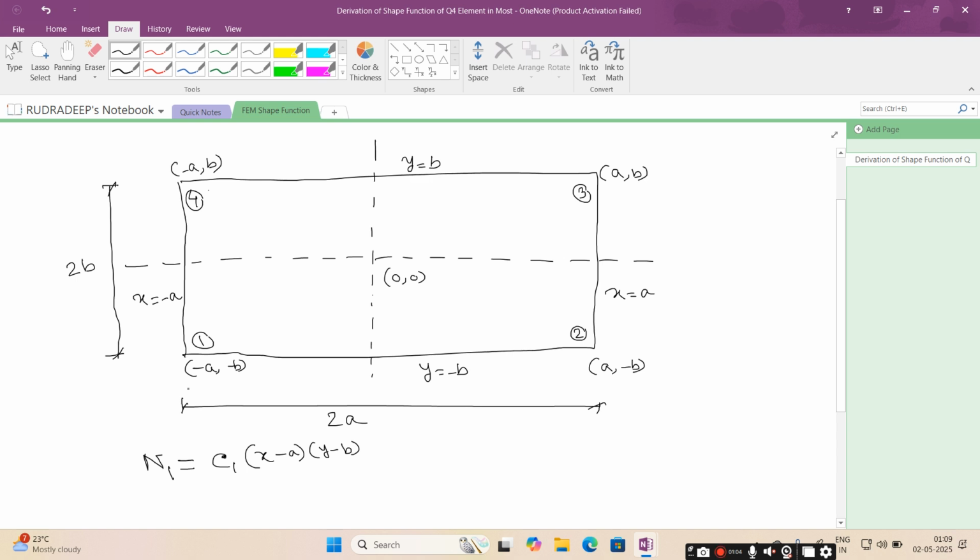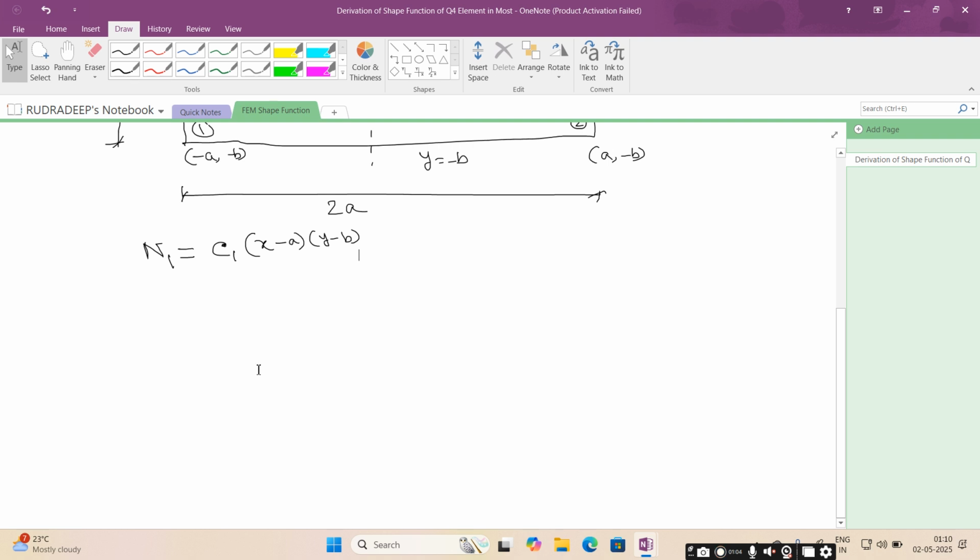So for the value of this constant c1, I have to give some condition. So what is the condition? The N1 value at node 1 will be 1. So how will I write this? The value will be 1 equals c1 at node 1.